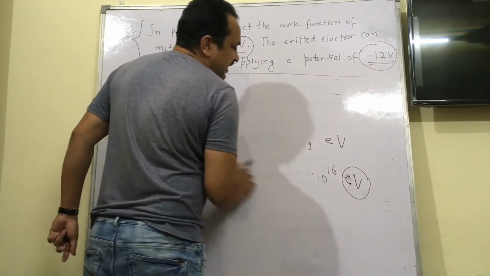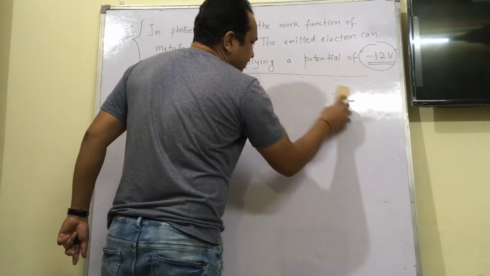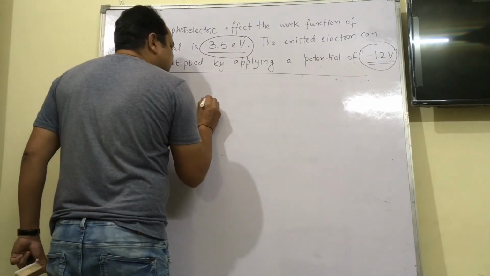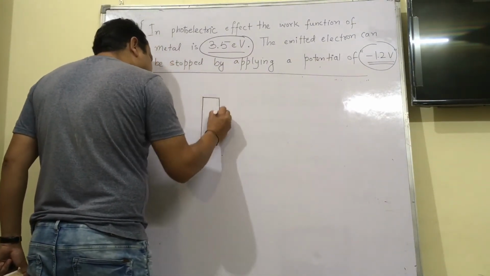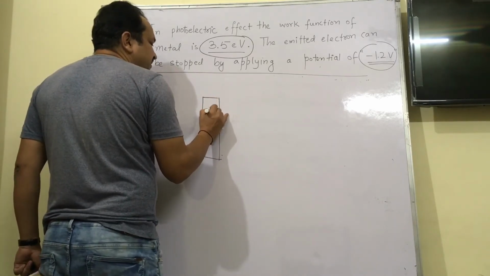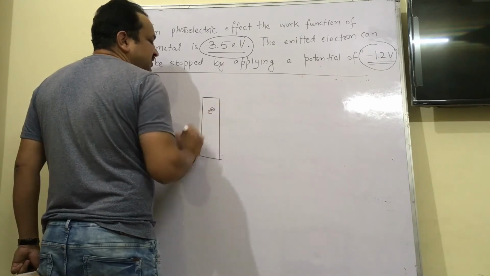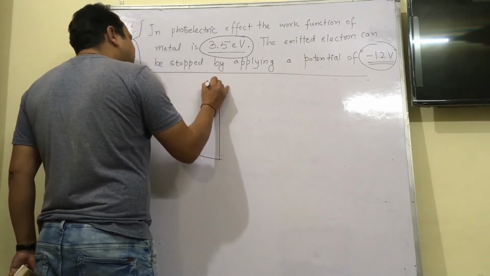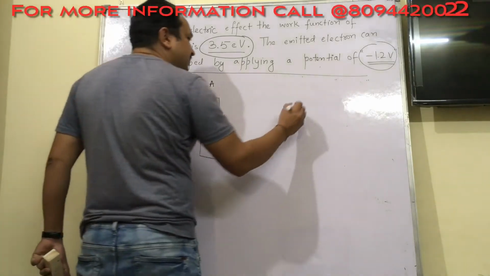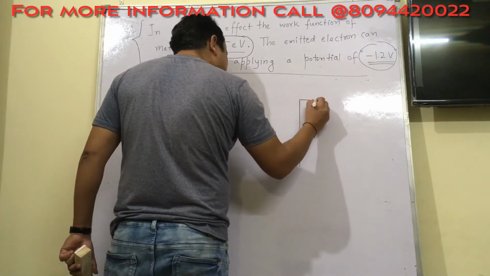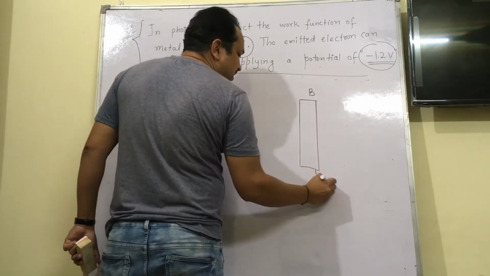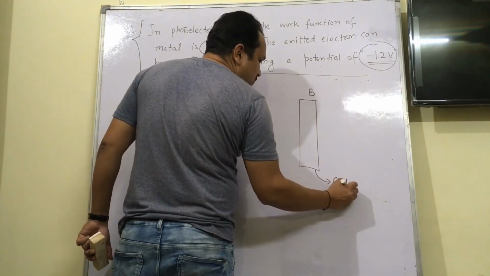Next, in this question, what is given? In the photoelectric effect, suppose this is a metal plate, and we know there are free electrons in the metal. Suppose I am saying this metal plate is A and this metal plate is B. This is known as the collector plate.